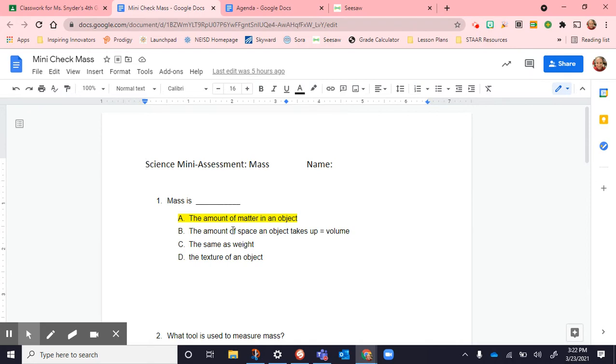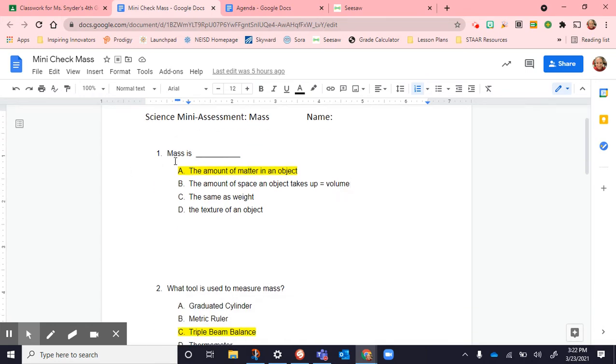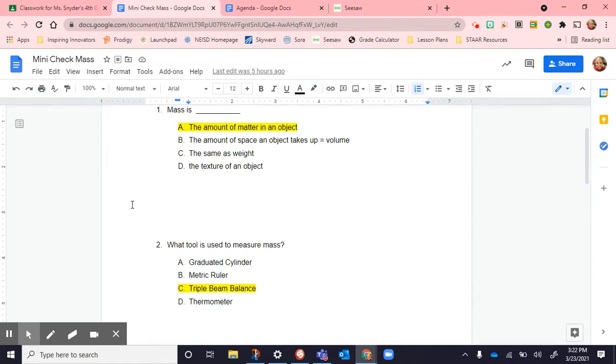On this one, everybody chose B at first, but we have to be careful. If it says the amount of space an object takes up, remember that's volume. That's not what mass is. That's like when we put an object into the water and saw the displacement, the water level rise, and we measured that. That was volume. So mass is just the amount of matter in an object.